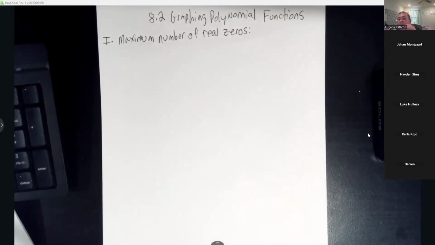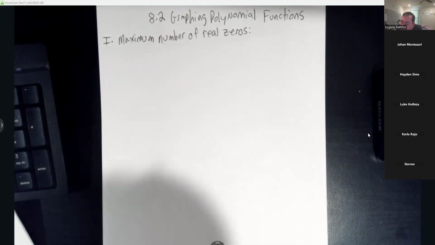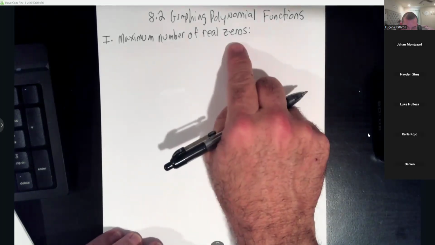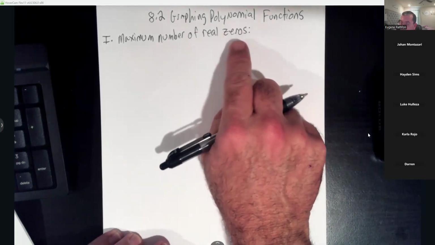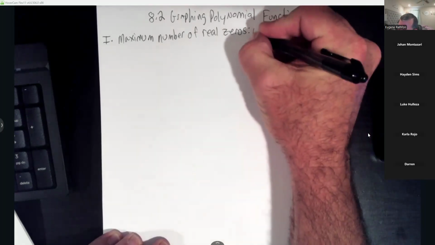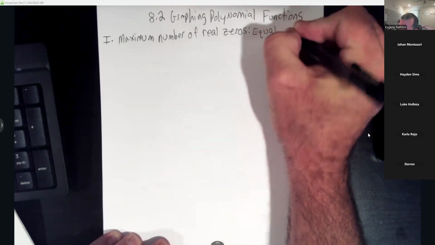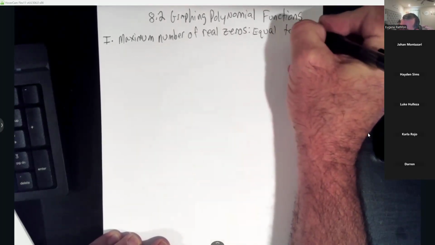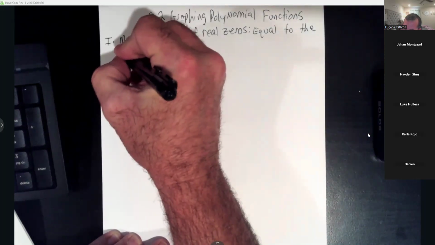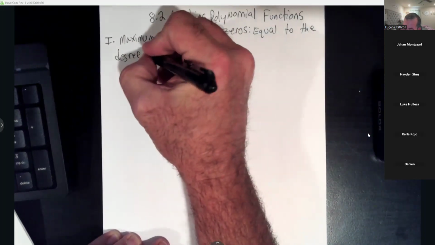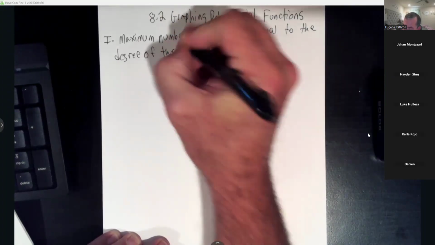Now, this just tells us how to find the maximum number of real zeros, because sometimes you can have imaginary zeros, okay? So this is just the maximum number of real zeros. And y'all, the maximum number of real zeros is equal to the degree of the polynomial.